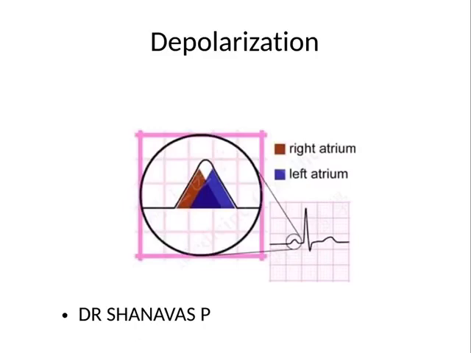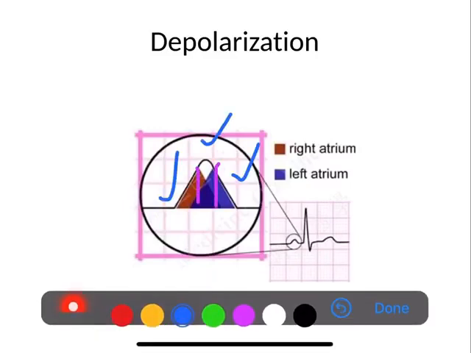In most of the leads we have said that it is positive. The reason is that the direction of depolarization of the P wave is inferiorly and towards the left side, especially in leads like leads 1, 2, V5 and V6.